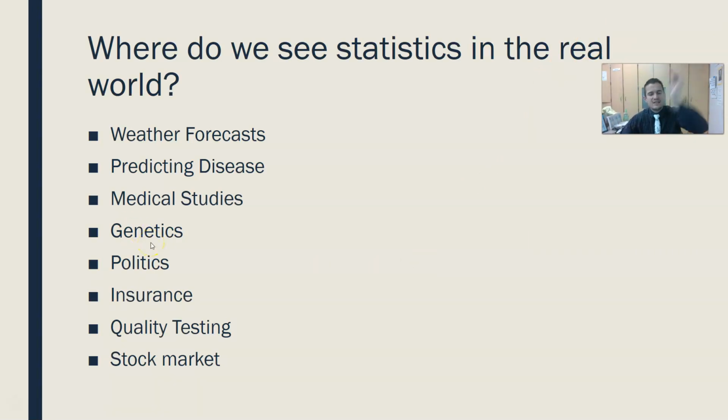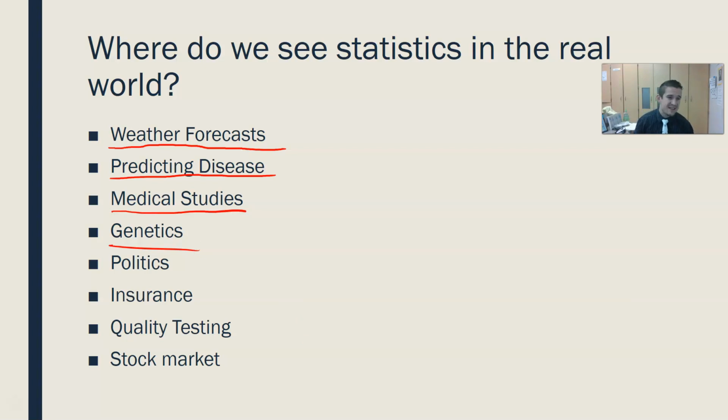So where do we see statistics, or the use of statistics, in the real world? This is just a small list of all the applications of statistics. There are many more. But people use statistics in predicting weather forecasts, predicting disease, lots of different applications in medical studies, creating vaccines, things like that. Genetics, politics, there's a lot of statistics that goes on with politics.